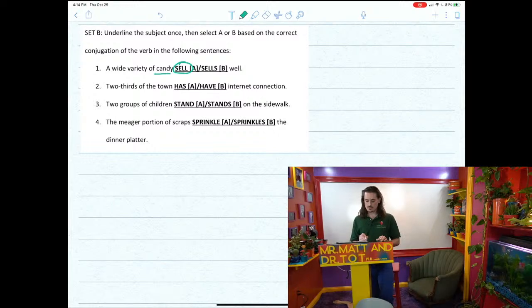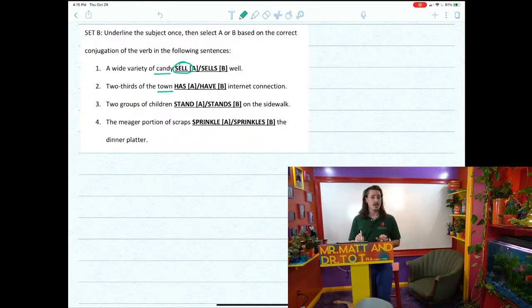Number 2, 2/3 of the town has or have internet connection. So 2/3 indicates a portion. So 2/3 of the town, we're going to be guided by the noun town, which is singular. If we have a singular noun, we need a singular verb.